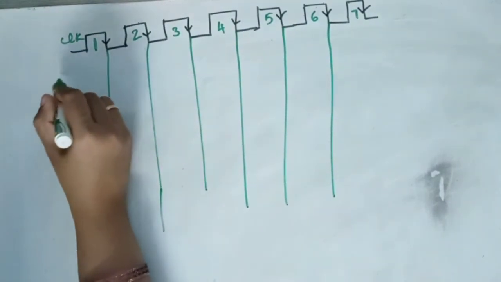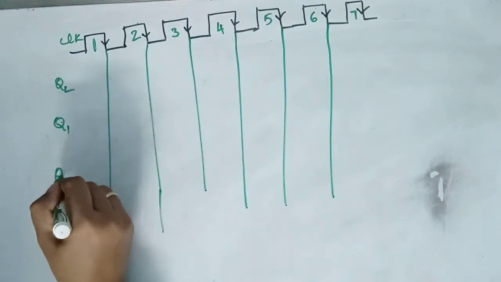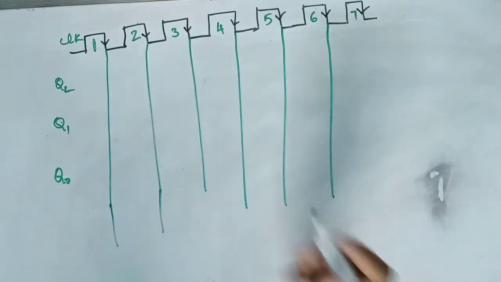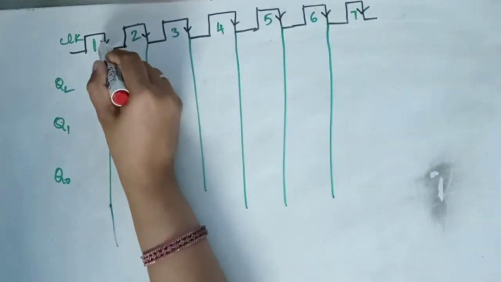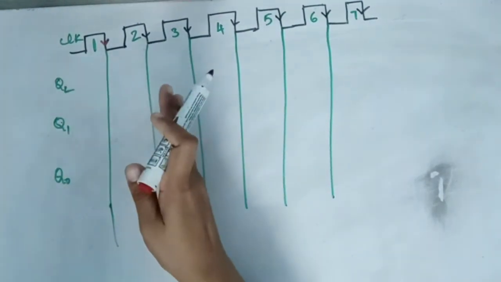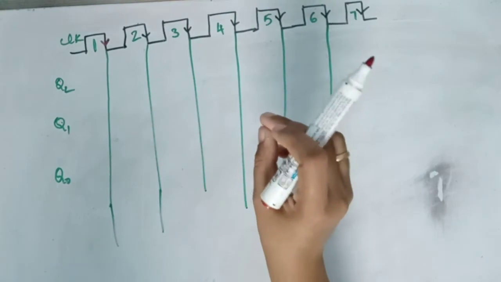You have Q2, Q1 and Q0. So this negative edge is my first clock. What comes after that is the state after the first clock.